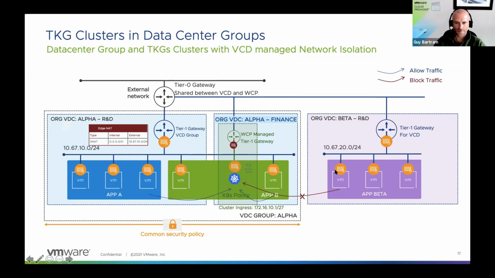So any communication from Beta or any other customers will be blocked by design, and internal communication will be allowed within that data center group. Now the provider has the ability to create a distributed firewall rule to block access to the cluster from different org VDCs within that group.